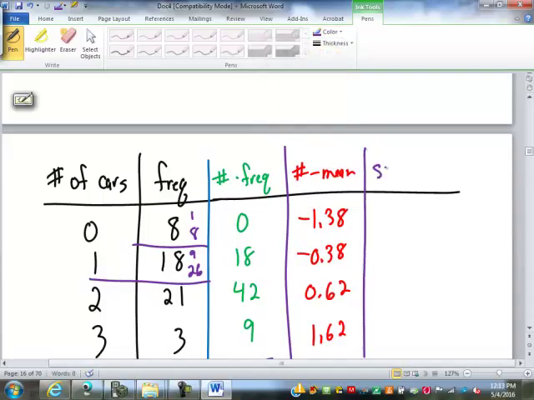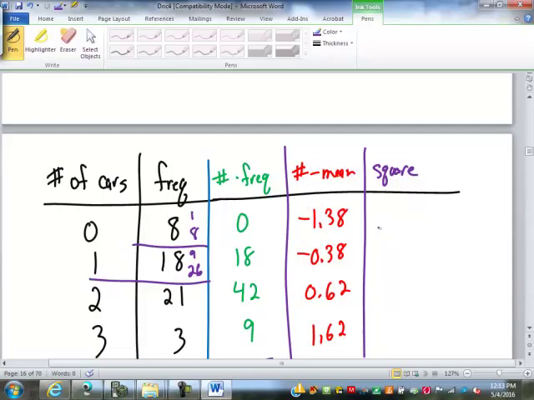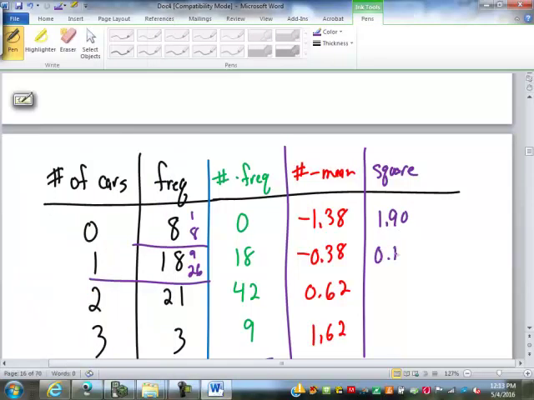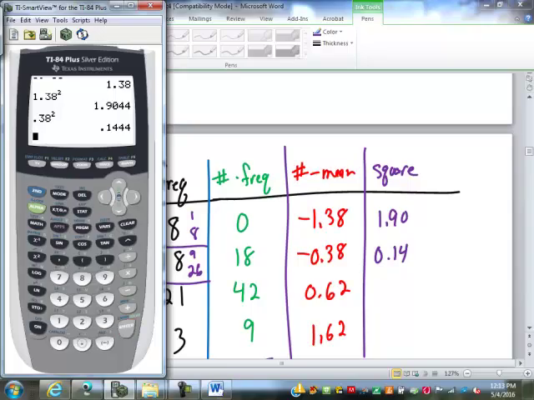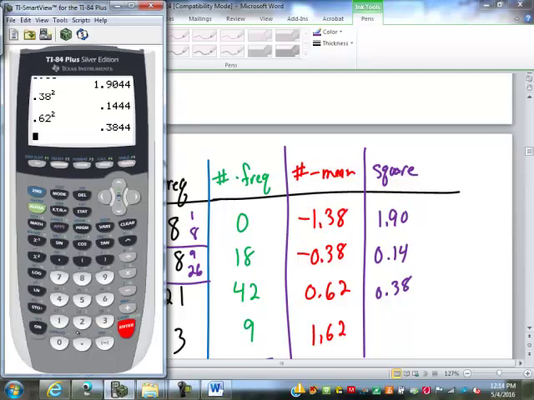Next step is to square them. Negative 1.38 squared is 1.90. We're going to 2 decimal places again. 0.38 squared is 0.14. 0.62 squared is 0.38. And 1.62 squared is 2.62.